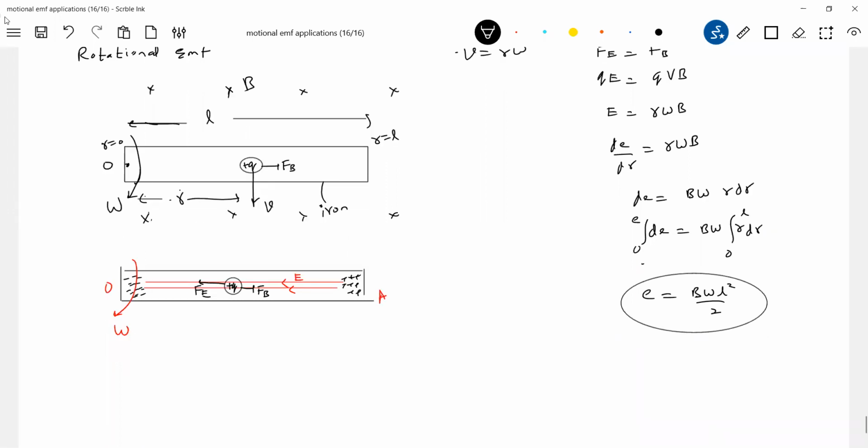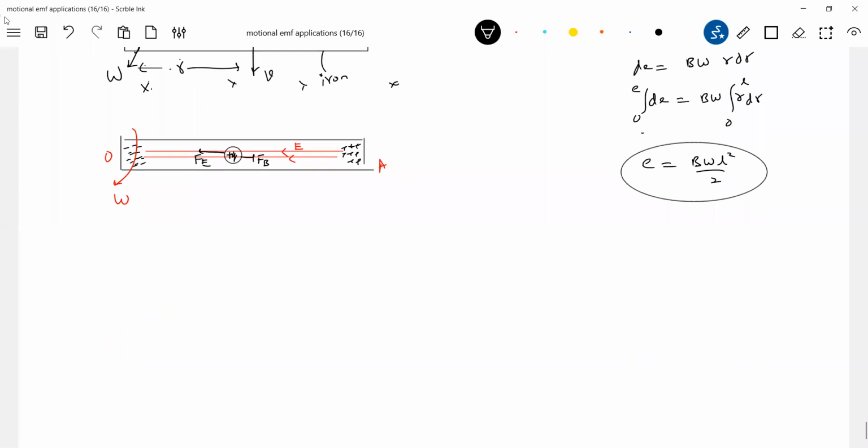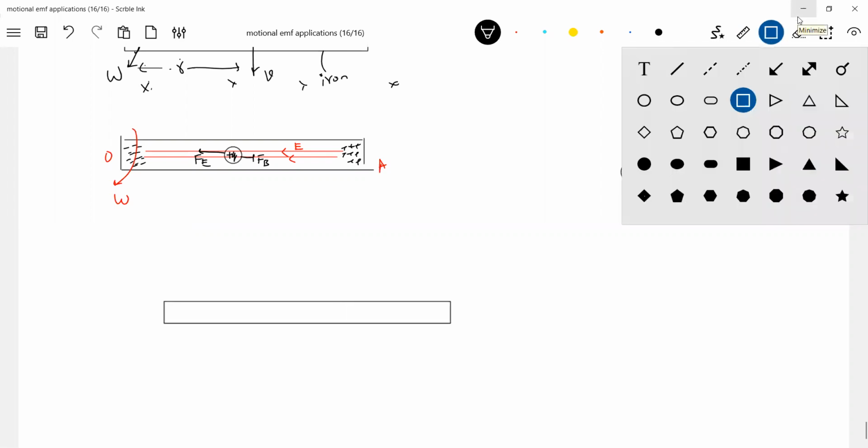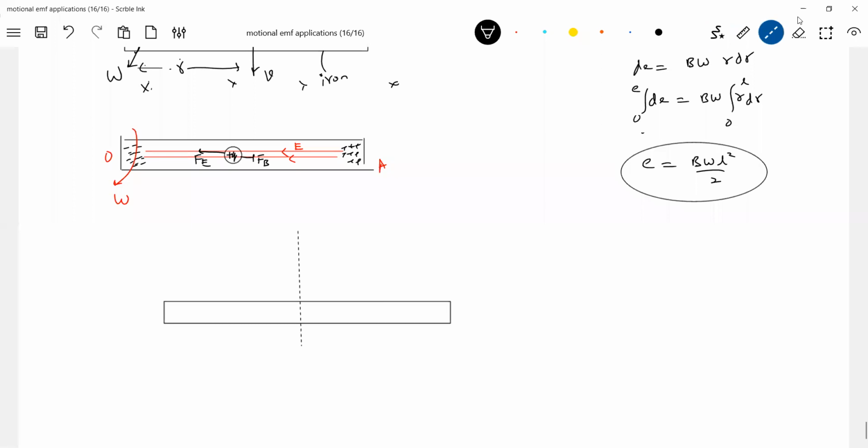And now, if I rotate the rod instead about the midpoint, exactly the axis is here, about the midpoint I'll rotate.